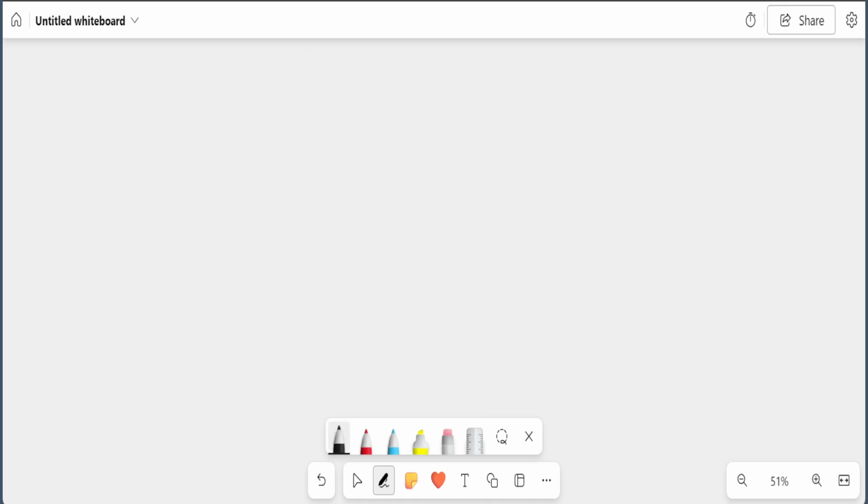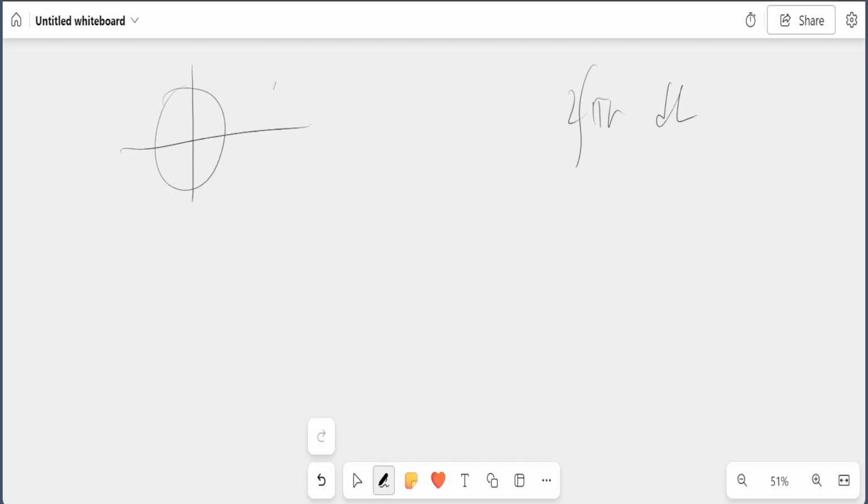So remember that surface area is 2 pi r times dl. I still don't know why we do a dl instead of a dx, but we do a dl. So y is equal to the square root of r squared minus x squared. That's really only the upper half, so let me draw that.